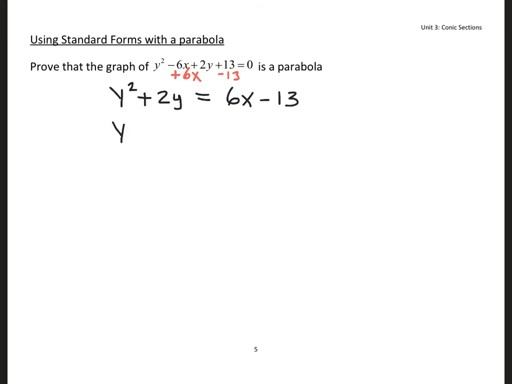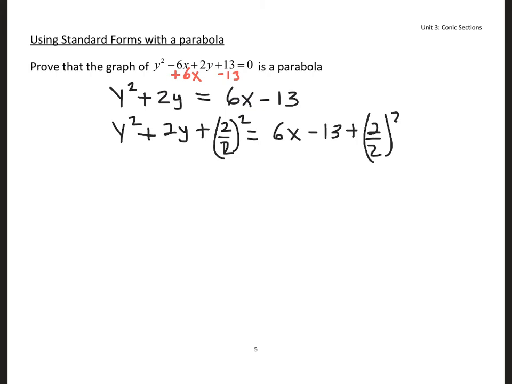So now this is y squared plus 2y plus 2 over 2 squared is equals to 6x minus 13 plus 1. Oh, this is 2 over 2, not 2 over 1. Okay, squared. So I get y squared plus 2y plus 1 equals to 6x minus 12, because that will be 1.